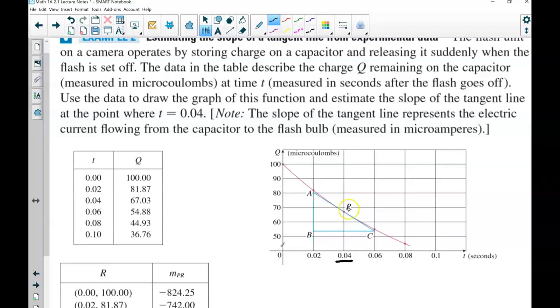Okay, and so now it creates this point on our graph here, and we can see that this point has an output of 67.03.